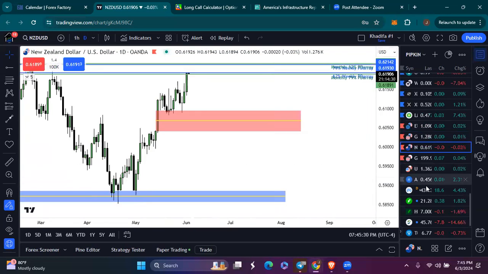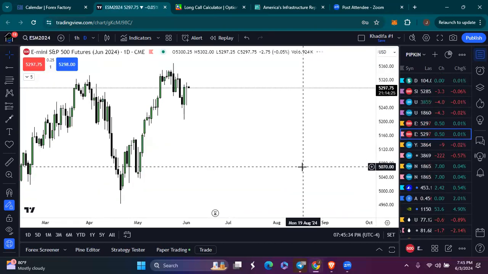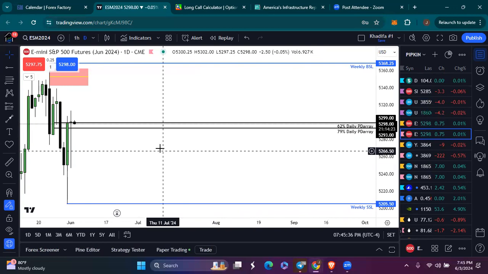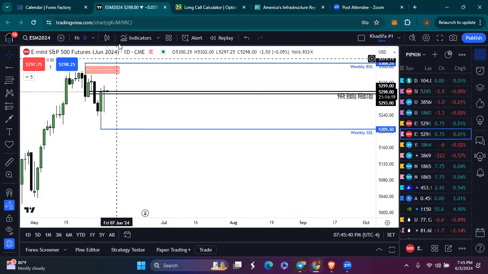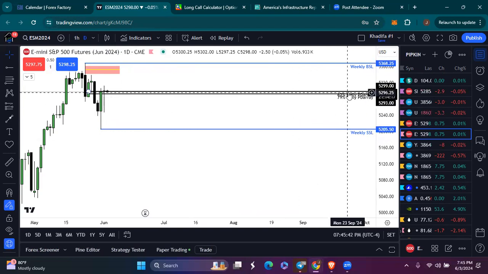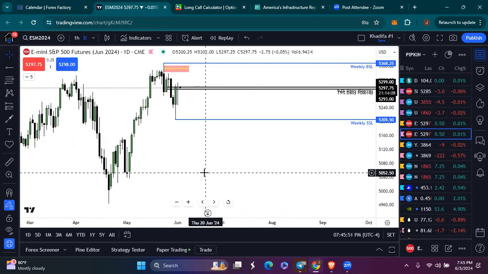Cool beans. And last but not least, sweet old futures. ES, I told you guys that I wanted to see us run up into these PD array levels and eventually make a new all-time high running this weekly buy side liquidity.